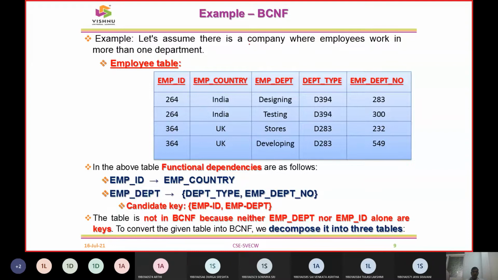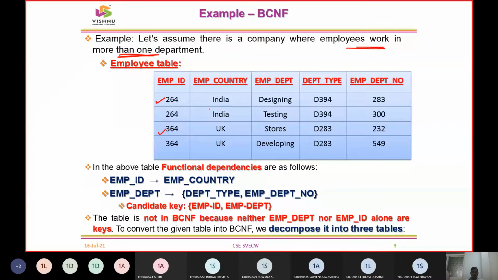So assume there was a company where the employee is working in more than one department. So now let us take this illustration here. Now what is going to happen: here I am going to have 264 as an employee ID and 364 as an employee ID.